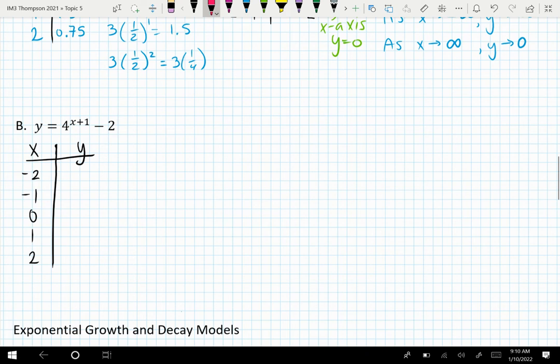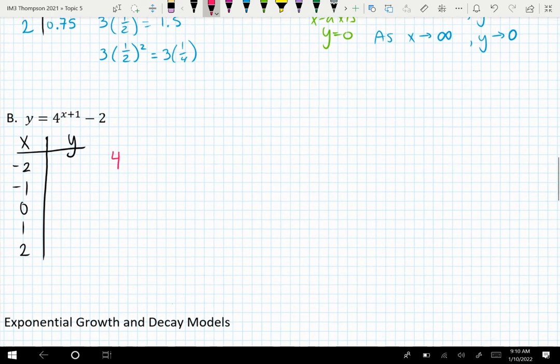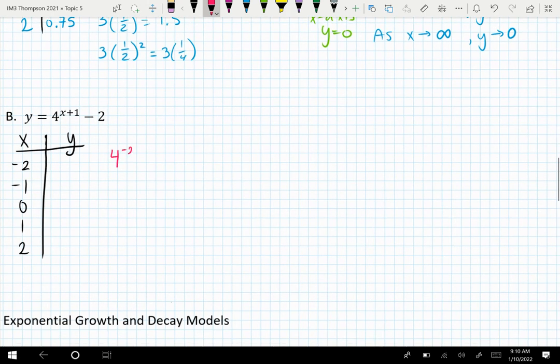I know sometimes just plugging this in and doing this one value can be a struggle. So let's walk through it slowly. We have 4 to the power of x, and my x value is -2 plus 1, and then all minus 2. So let's see what that gets us.